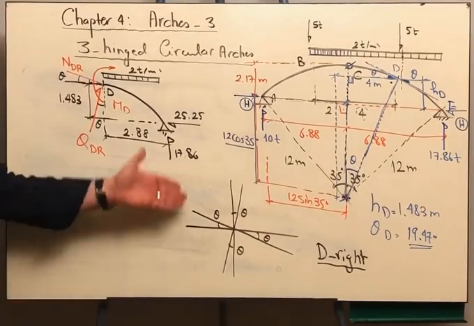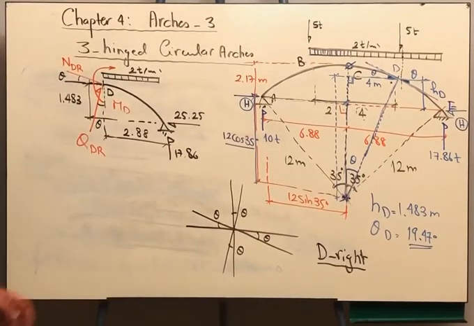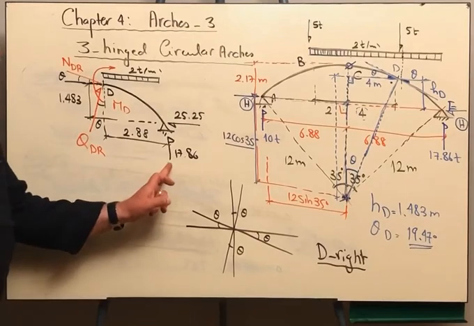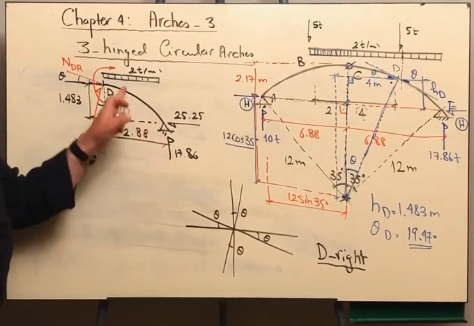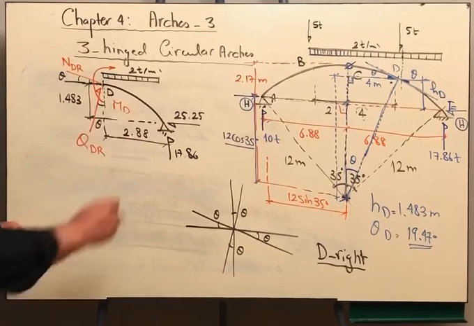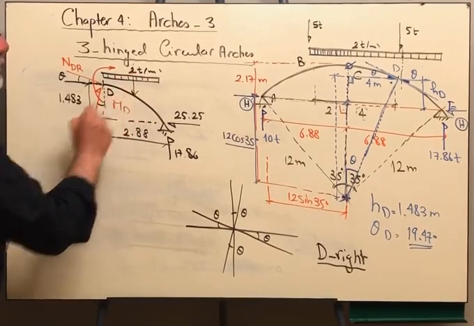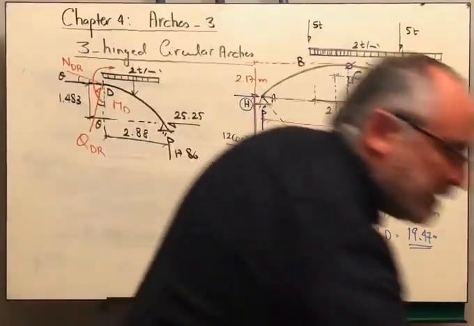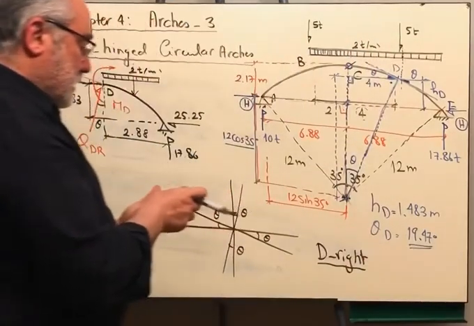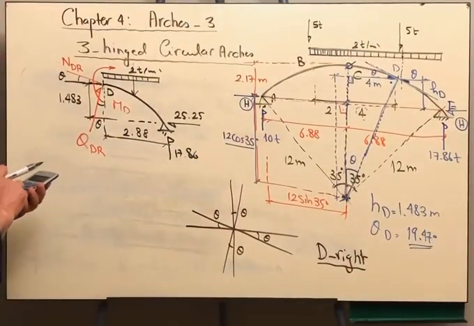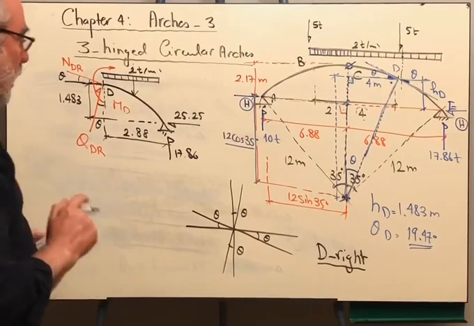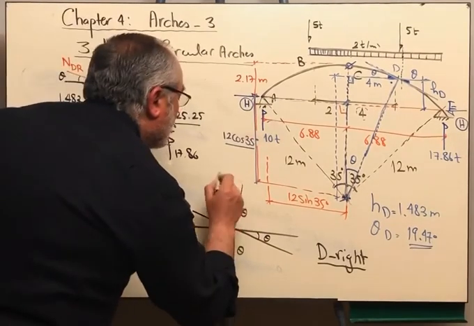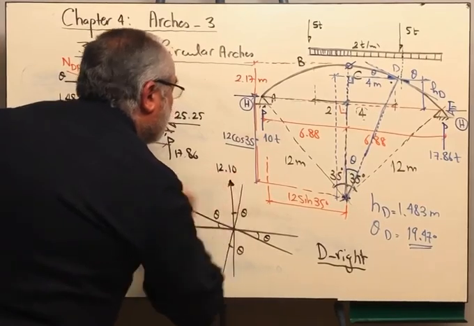Okay, let us sum all the forces that we have in the vertical direction. We are having here in the vertical direction 17.86, and we are having the resultant of the distributed load is 2 by 2.88. So this means that this will be 17.86 minus 2 times 2.88. Therefore, I will have here upwards 12.1.